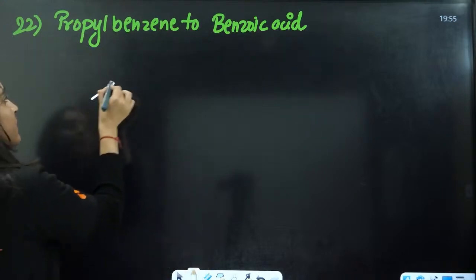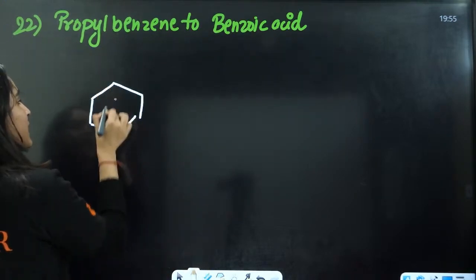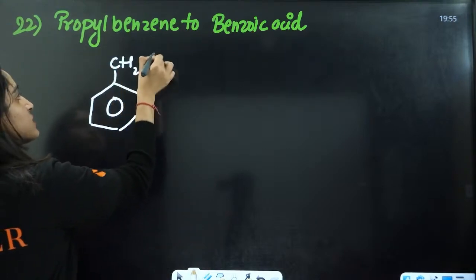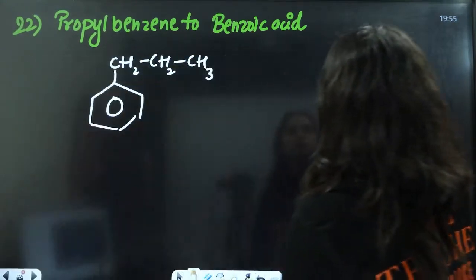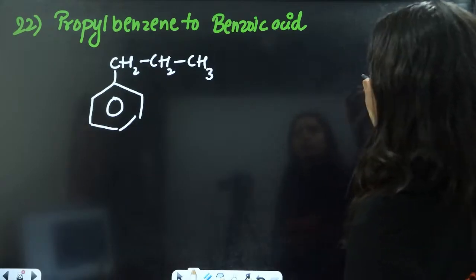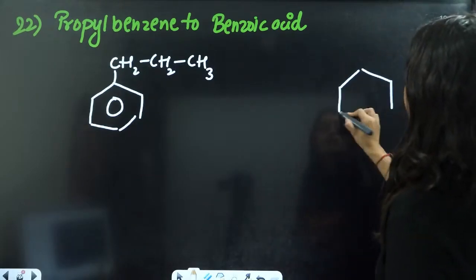You have propyl benzene, that is CH2CH2CH3, converted into benzoic acid. This is a one-step reaction.